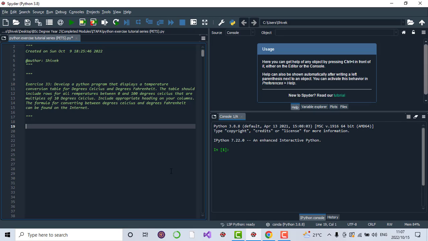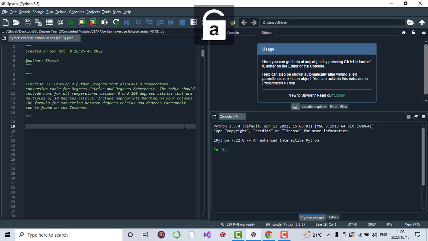What we are required to do is convert from degrees Celsius to Fahrenheit and have a nice visual printout of the conversion and the mapping. So we're converting from 0 to 100 degrees to the corresponding Fahrenheit degrees.